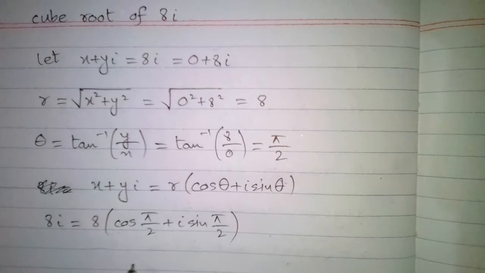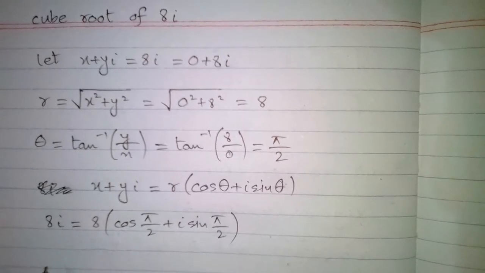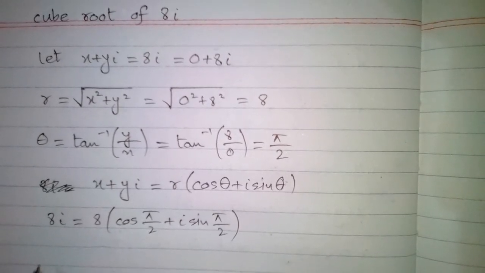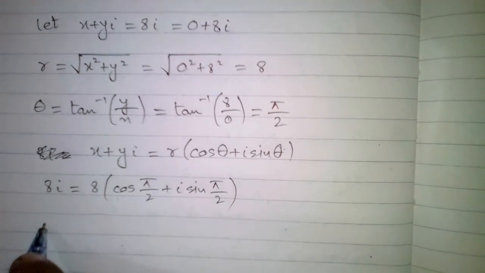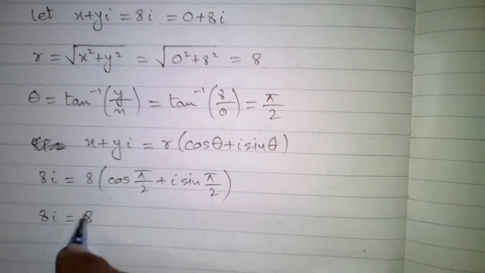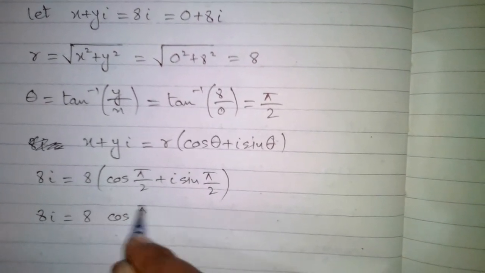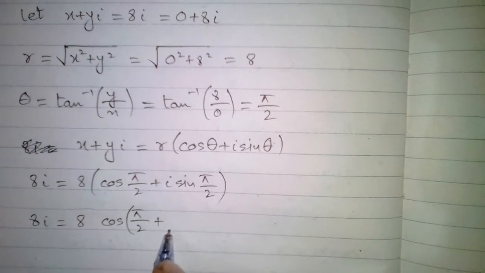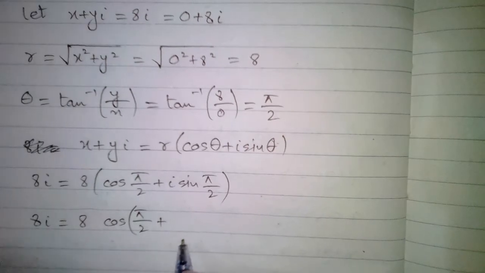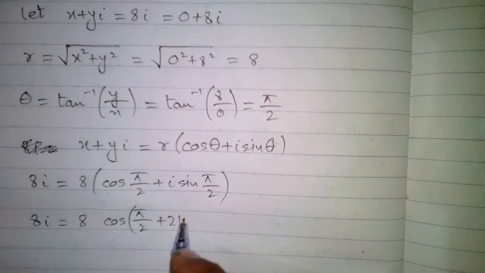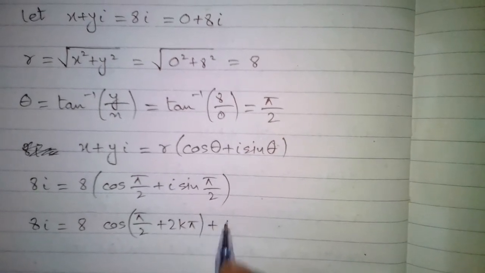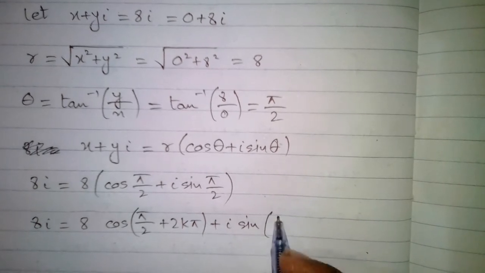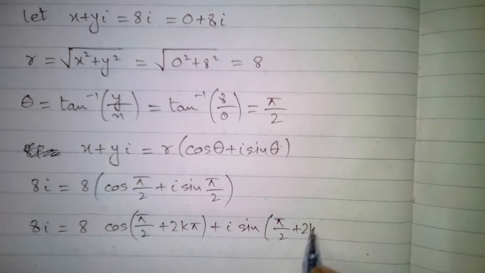Now the period of cos and sin is 2k pi, so we can add 2k pi in the angle. So we have 8 iota is equal to 8 times cos of pi by 2 plus 2k pi, and then plus iota sine of pi by 2 plus 2k pi.